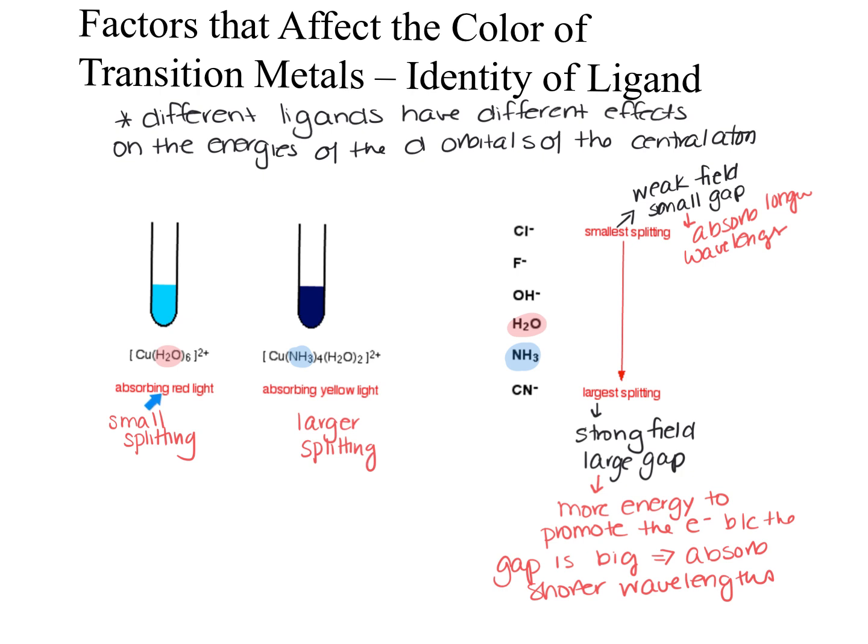And so this is a longer wavelength than this. So this has a higher energy. It's got that larger splitting. It needs that higher energy light to promote that electron up. And now notice what we see though is the complementary to that. So we see the complementary.